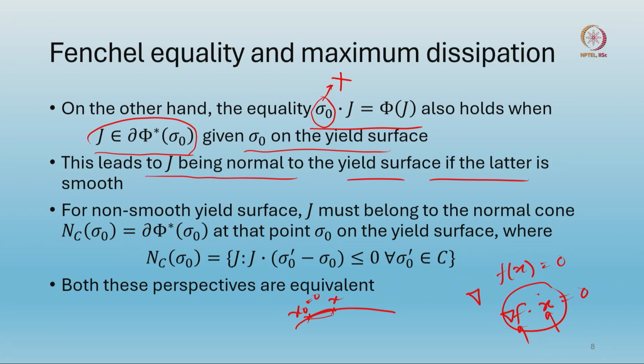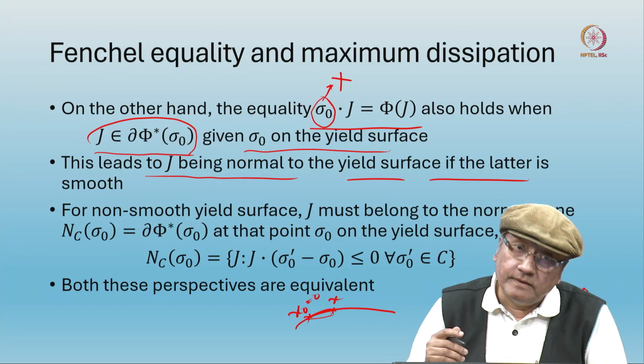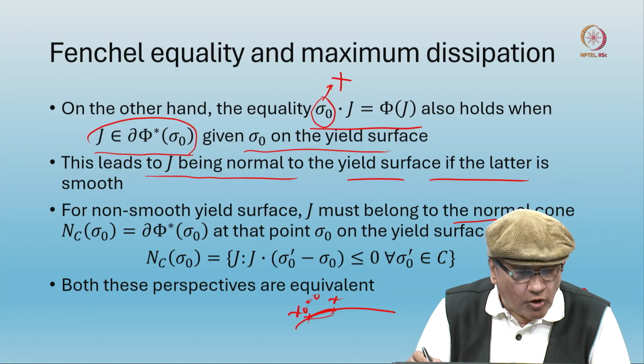Of course, for non-smooth yield surfaces, it actually gives more information. It is called the normal cone. I can come to that a little later, because whenever there is a point of non-smoothness, the subdifferential becomes a non-trivial set. It consists of more than one element, and all those elements are valid values corresponding to the plastic deformation. So, we get a generalization of the normality condition. We have to define a normal cone.